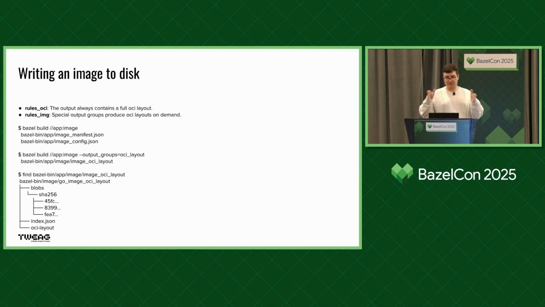Creating a huge tree artifact actually is bad for remote execution. So instead, you just get the manifest and the config by default. But we give you a special output group that does give you all of the blobs. So if you want to have an image that is compatible to rules OCI, or that is just available to use locally as a set of files, you can just build the output group and you're done. So that's another way you can consume the image.